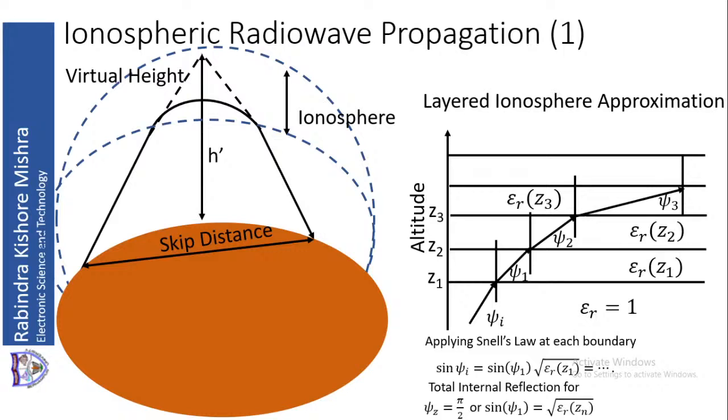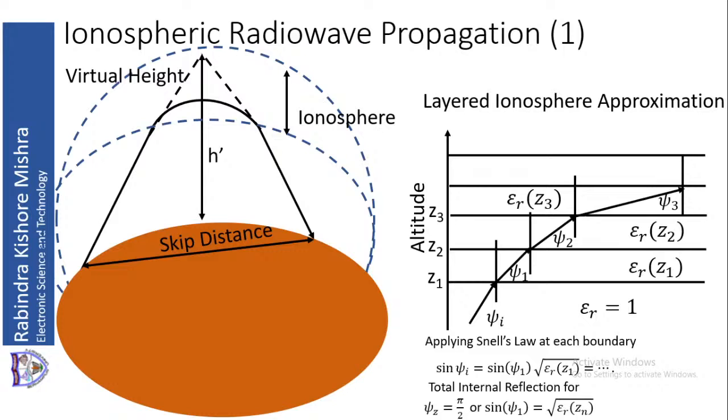When omega squared is greater than omega p squared, this 1 minus omega p squared by omega squared will be less than 1. If it is less than 1, then its square root will be less than 1. So epsilon r Z1 is going to be less than 1. But below Z1, epsilon r is equal to 1, which is free space. So 1, then above that it is less than 1.